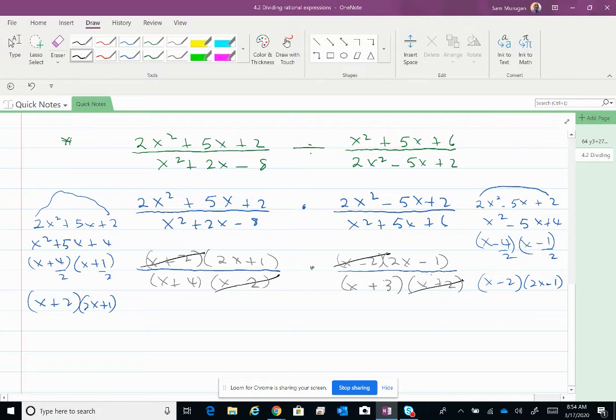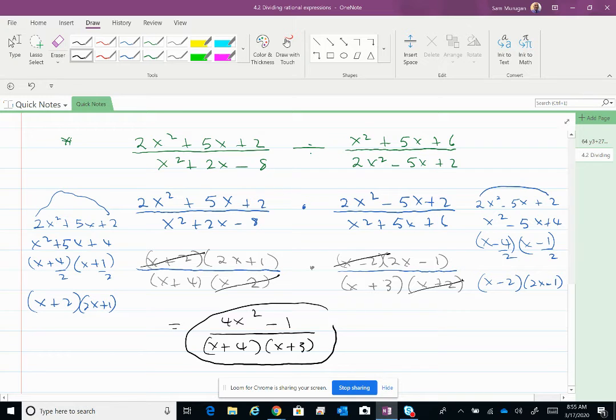So this is a difference of squares, right, a plus b, a minus b. In other words, this is 4x squared minus 1 squared over x plus 4, x plus 3.